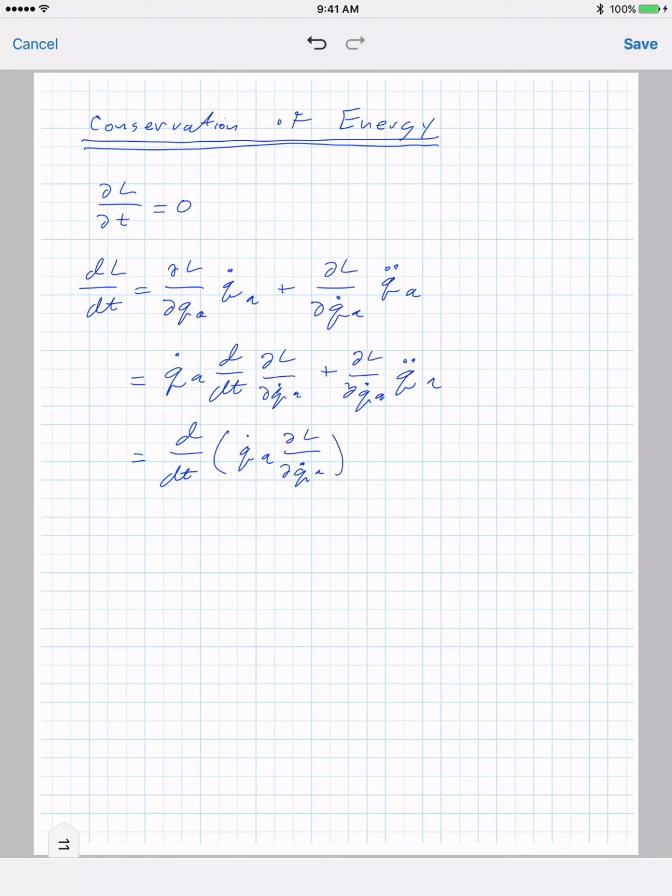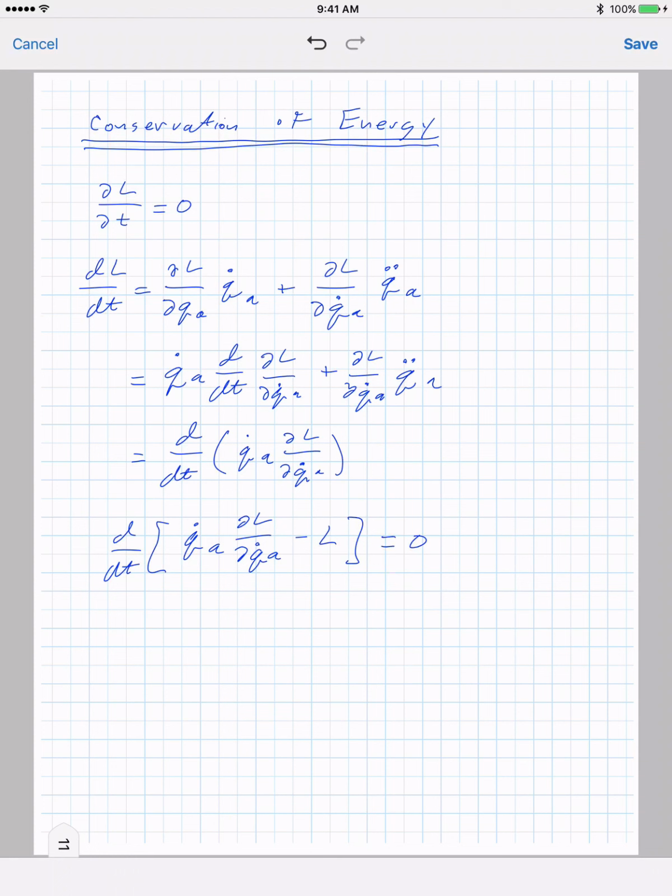All right. Let me rewrite that, bringing this over to the other side. What I get is that d by dt of this quantity, q dot a dL/dq dot a minus L, is equal to 0. Okay, so that means that this is a constant, right?